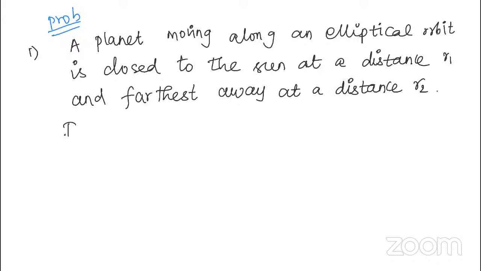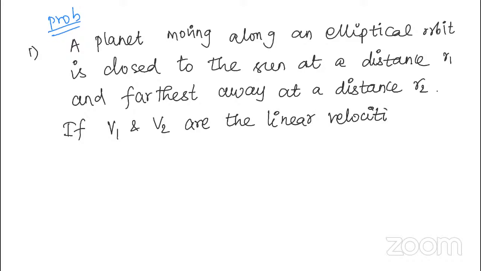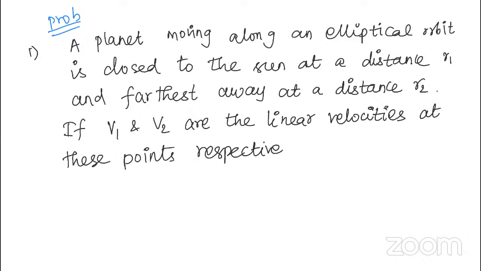If V1 and V2 are the linear velocities at these points respectively, then the ratio of V1 by V2 is what? So this is the question.